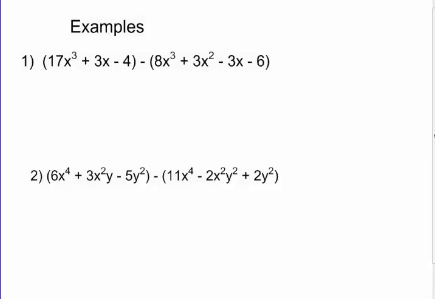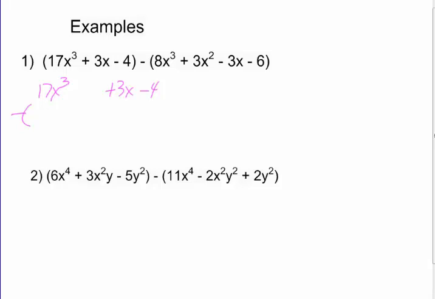Okay, let's go ahead and go over this. For the top part, subtracting, make sure you carry that negative through. So, and line up all the variables when you do that. So the top would be 17x to the third plus 3x minus 4. I left a space for the x squared term, just in case we have one.